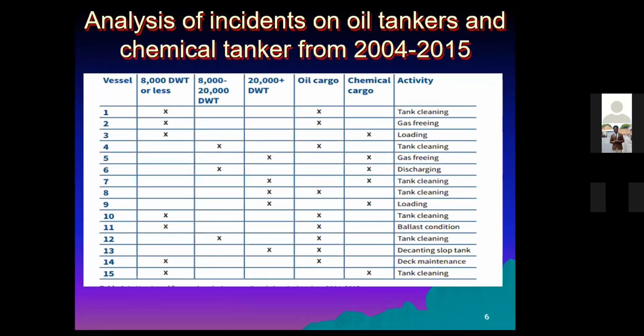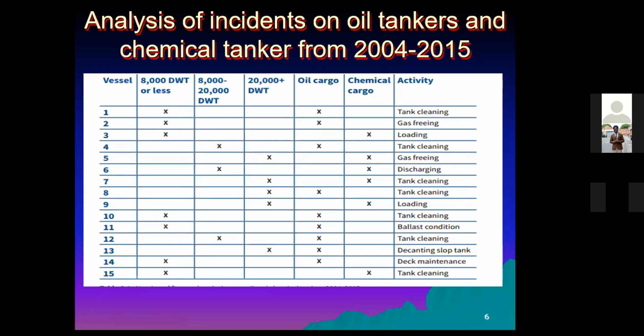They took an analysis of about 35 or 36 incidents to see what happened. If you look at column 1 here, tankers of less than 8,000 deadweight tonnage carrying oil cargo had an explosion during tank cleaning operation. Meaning that the requirement for inert gas between 2004 and 2015 did not stipulate tankers of 8,000 deadweight tonnage to be fitted with inert gas.